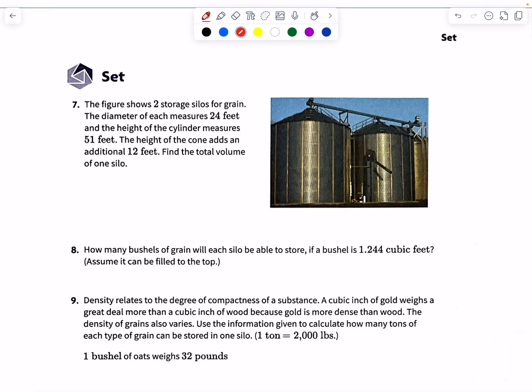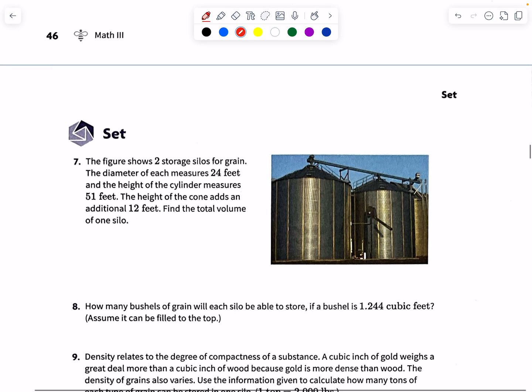Oh, we've got a cylinder with a cone. Let's see, what are the formulas there? A cylinder is a prism, so it's the area of the base, which is a circle, times the height.